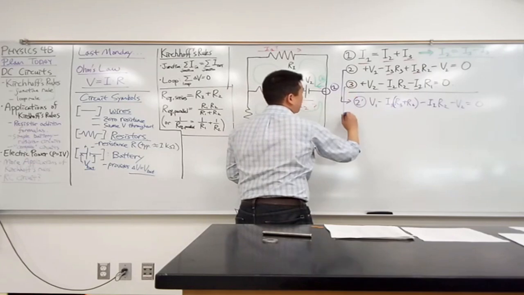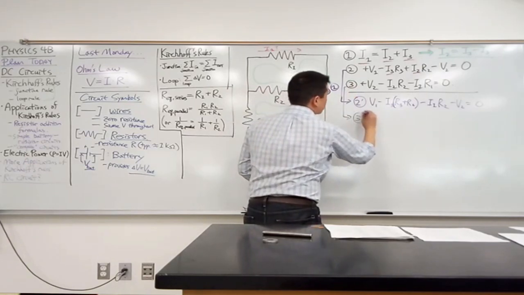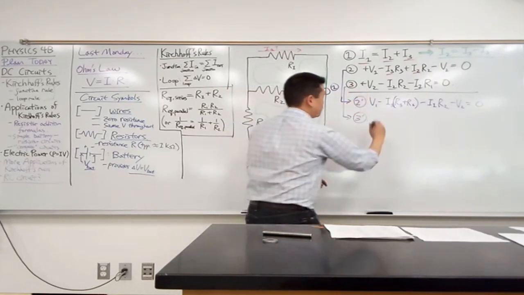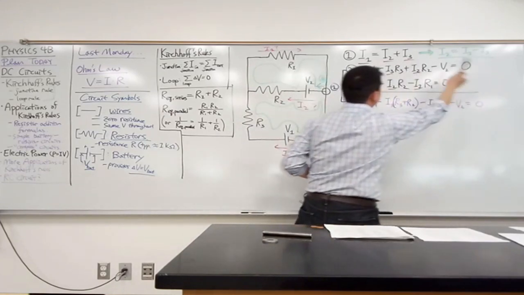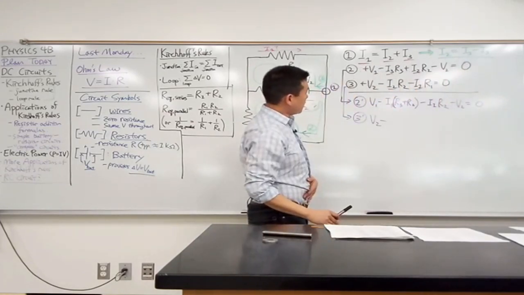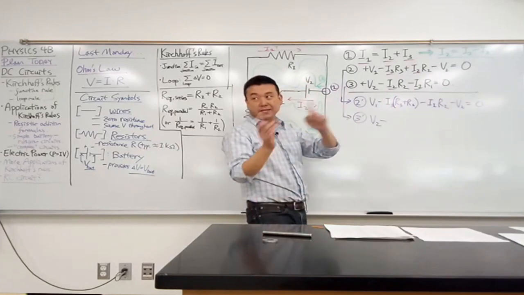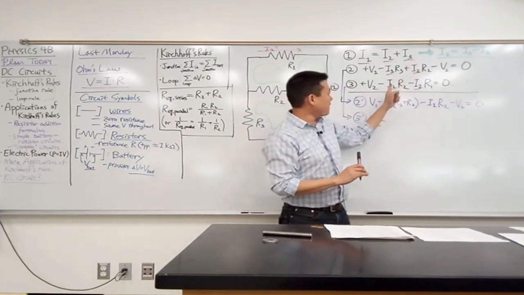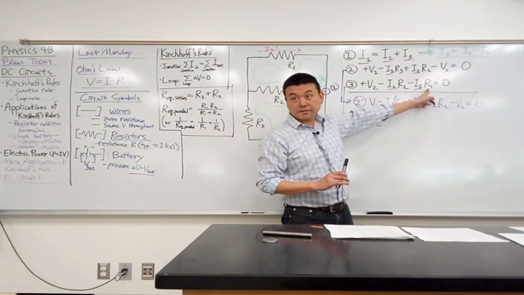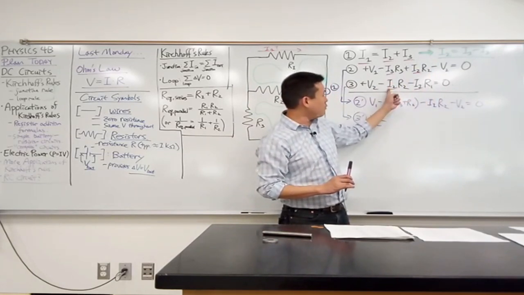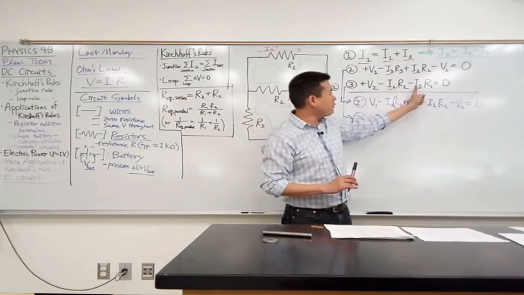I need to do the same thing for equation 3. So my new equation 3 is going to be V2 minus, all right, I have this I2. I'm going to plug this in and do the substitution on the fly. And in fact, let me plan this out ahead of time. When I plug in I1, that's going to give me a like term with this, right? So I'll have minus I1 R2 minus I1 R1.